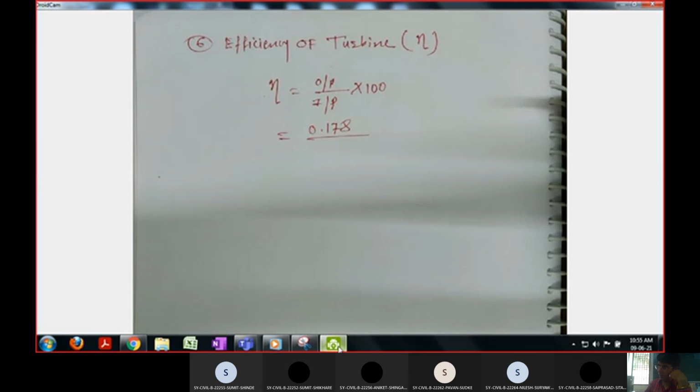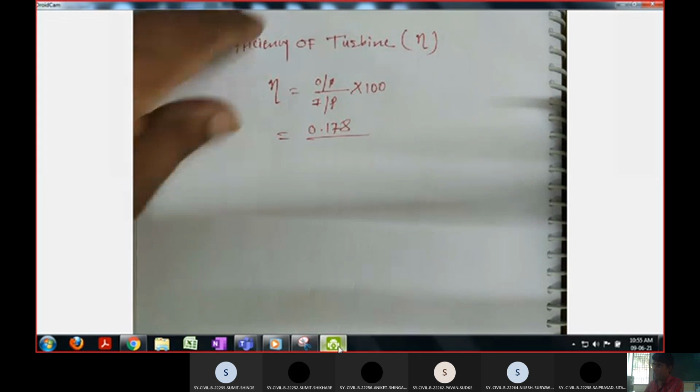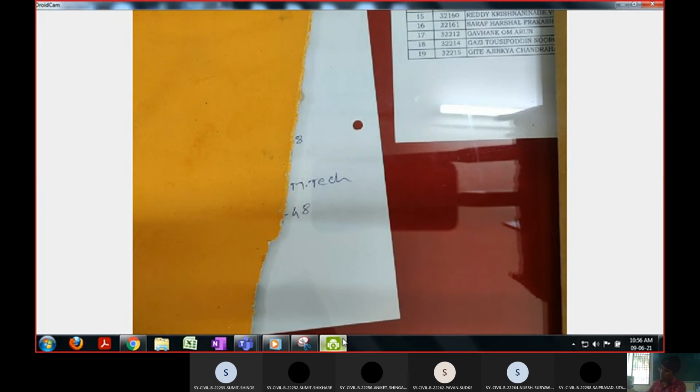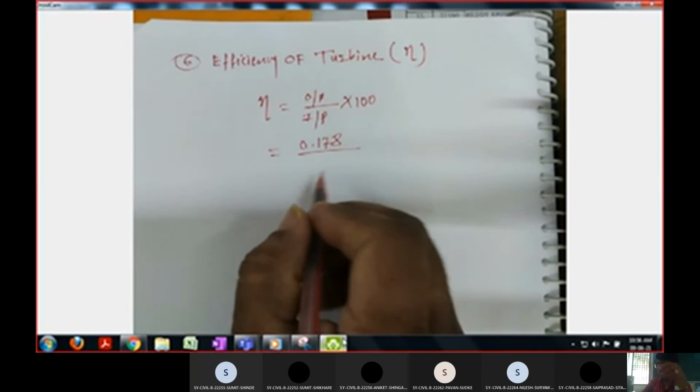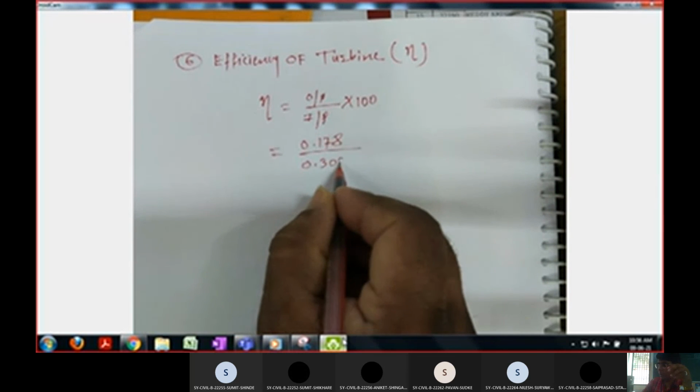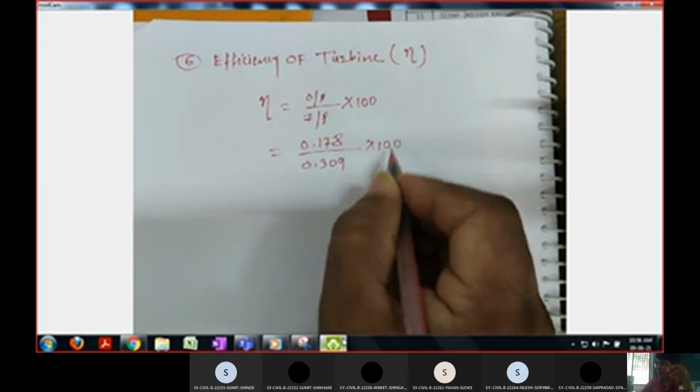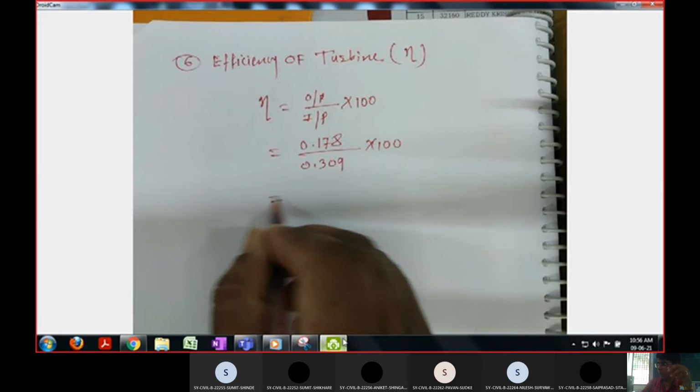The input power we have calculated, how much was it? 309.21 into 10 raised to power 3 kilowatt, and if you want to convert into watt, 0.309 into 1000.